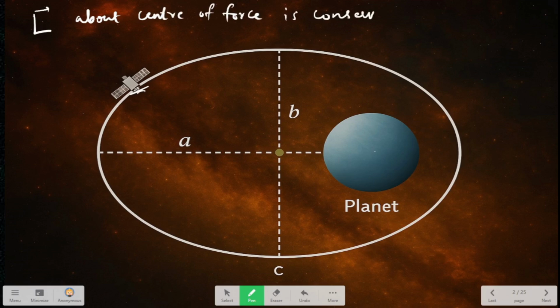This is one property. Another property which is applicable to all central force motion is that the total energy, the mechanical energy, which is the sum of kinetic energy and potential energy, is also conserved.